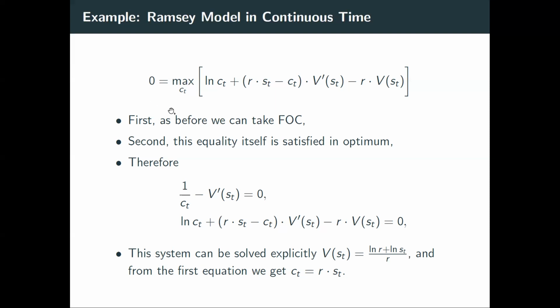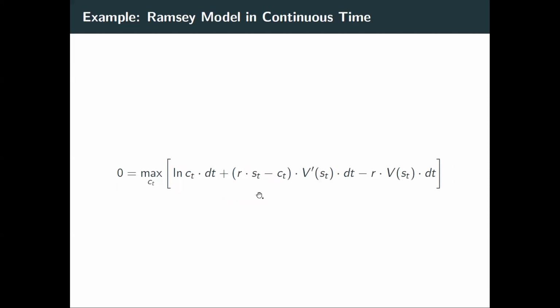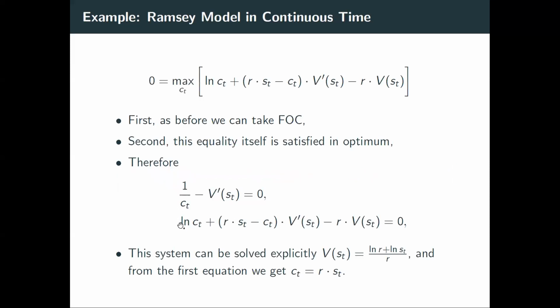All in all, it's just to show you the convenience of continuous time. Because the state variable doesn't change too much, we can apply the Taylor rule approximation. Instead of a difference equation, where the value function is evaluated at a different point, we could transform it into the same value function and cancel it out, and therefore transform it into a differential equation, where the argument will be the same for the value function. And this is much, much easier.